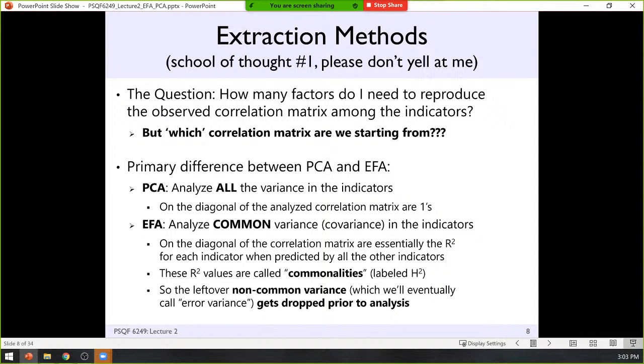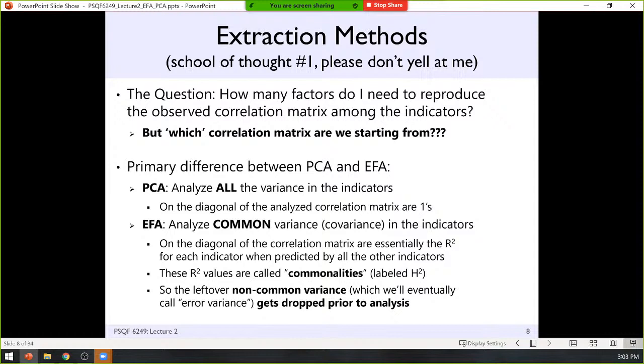PCA, it's the full one. All the variance in the indicators goes in, and so all of the variability in each indicator is up for grabs. In EFA, it's the common variance that goes in. The logic is that any one indicator, if it's measuring some latent trait, then it should be related to the other indicators. So it can only measure the trait to the extent that it has these relationships.